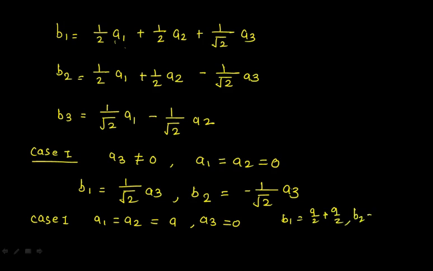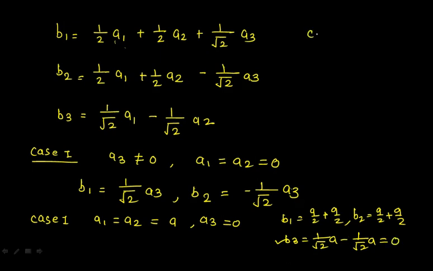Similarly, B2 is again the addition of these 2, and B3 is nothing but 1 by root 2 A minus 1 by root 2 A. So whatever subtraction there is will appear at port number 3, and with the same input you will not have any output over here, so you'll get a 0 output.